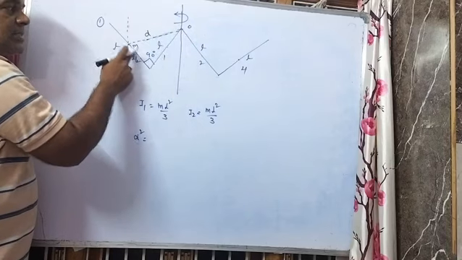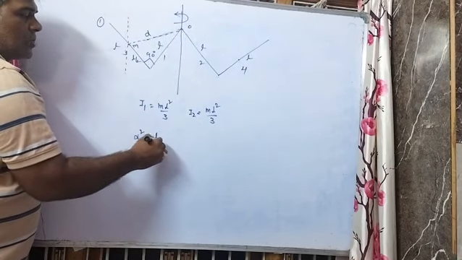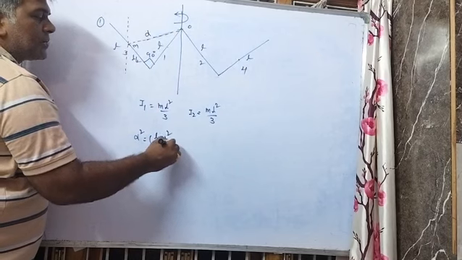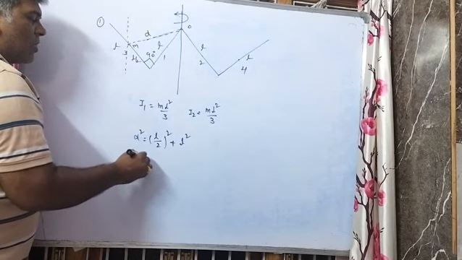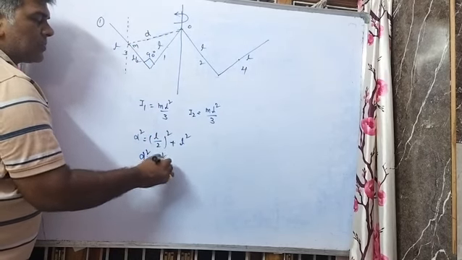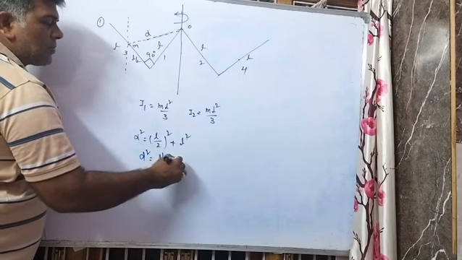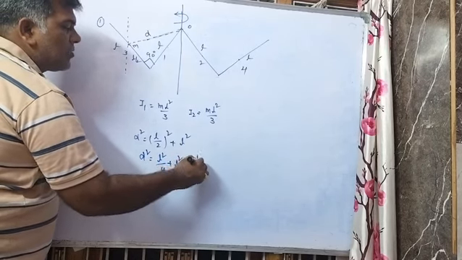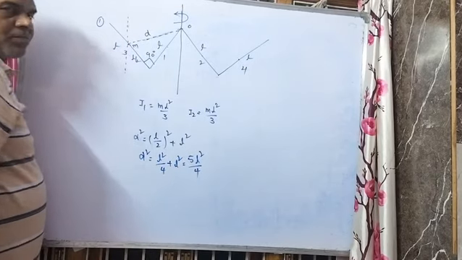The hypotenuse square is side square plus side square. Therefore, d square is equal to L by 2 whole square plus L square, that is L square by 4 plus L square. Now this is 5L square by 4.